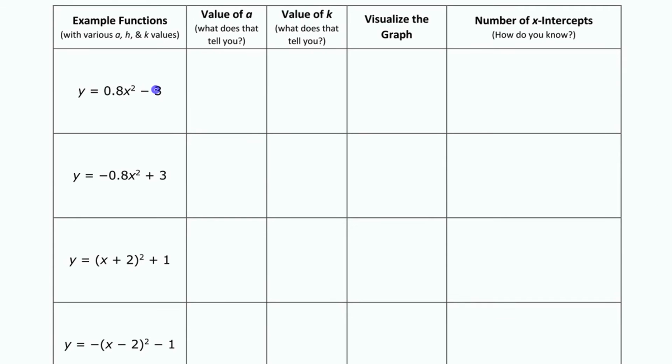All right, so let's try a few specific examples here. So we've got this situation here. Now, you have a is 0.8. That tells you that it opens up because it's positive, right? That is positive, so it opens up. And what does the value of k tell you? Minus 3 is the value of k. It is negative, means vertex is below.